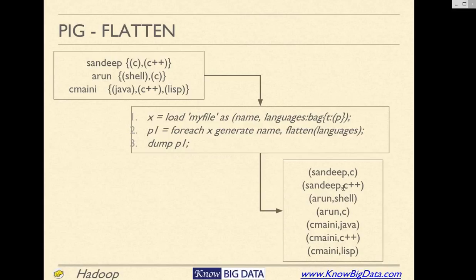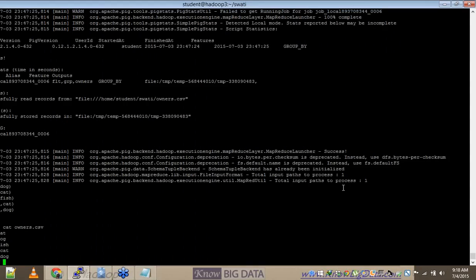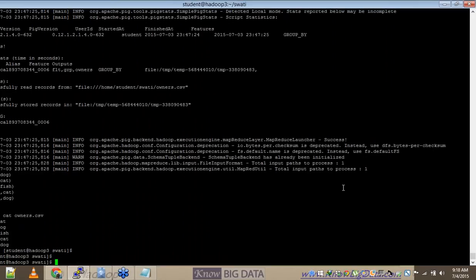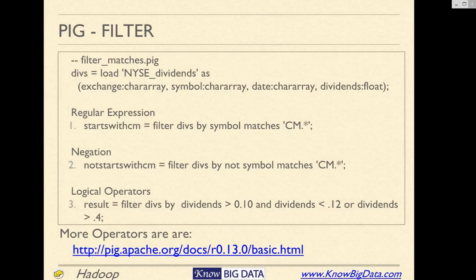They are just the opposite of each other. I showed you this example by working on the same file, owners.csv. If you want to try this command, I think it is under the data folder also, but if it is not there, you can copy it from my folder. Let me start in the Hadoop mode. Okay, great, I'll move ahead.